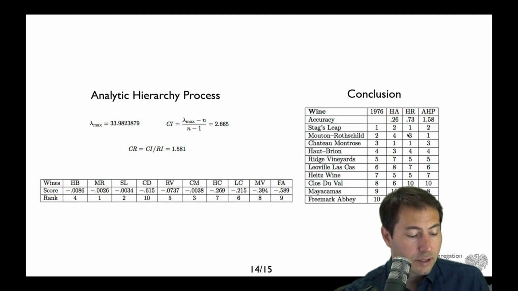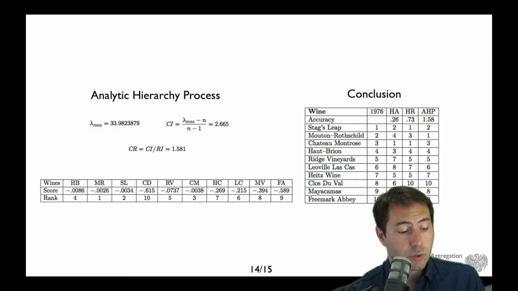Hodge rank places Stag's Leap in second. Hungarian algorithm places it in second. Hodge rank places it in first. AHP places it in second. You can see that there are fewer moments of agreement, and lots of moments where the individual algorithms disagree.